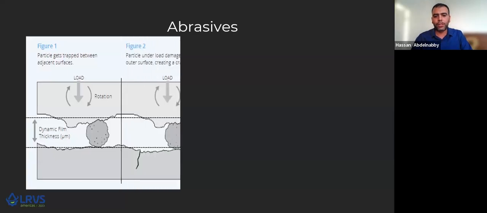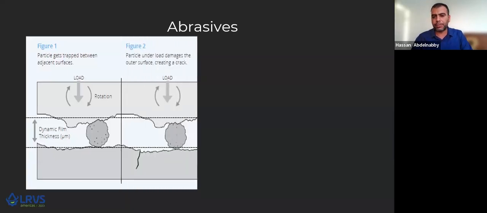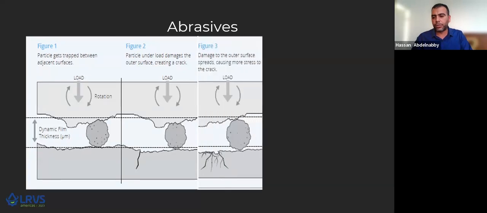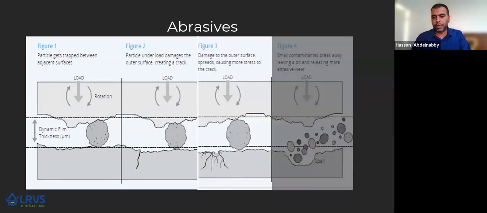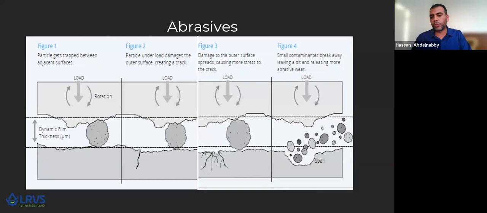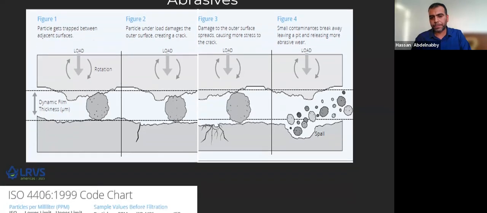It's going to start creating a crack due to the collision between the 3 bodies together. That's going to lead to a network of cracks with time. At the end of the day, it's going to start to become a spall. This can be eliminated by removing this contaminant that is hard to detect with your own eyes.